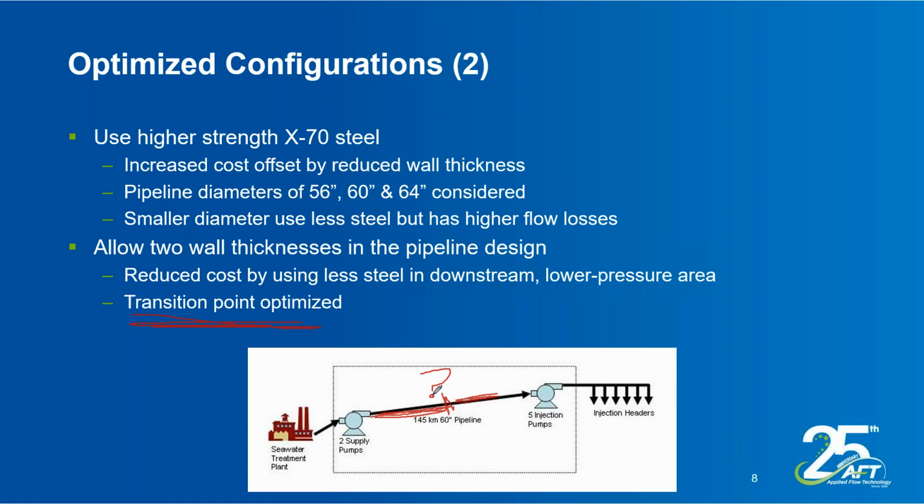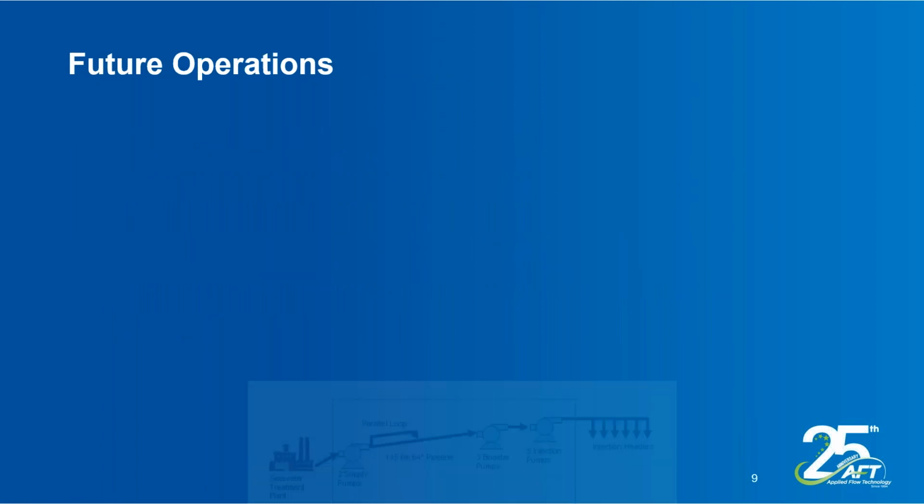That was something that had to be examined, and different cases were looked at in those 35 different scenarios to figure out the sweet spot of where that transition point was. So that's also one of the things that they talk about in a little bit more detail in the technical paper. And this eliminated the booster pumps.